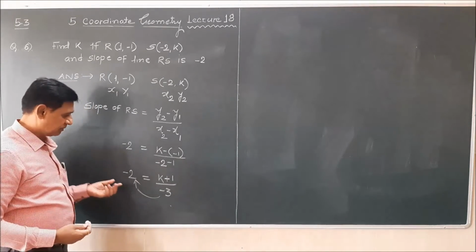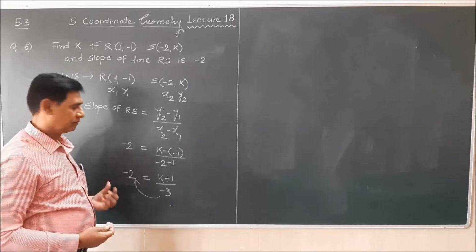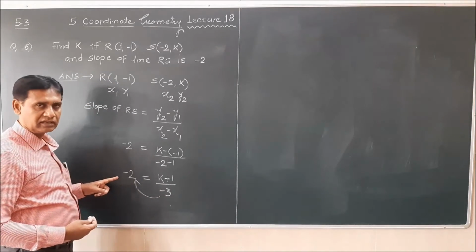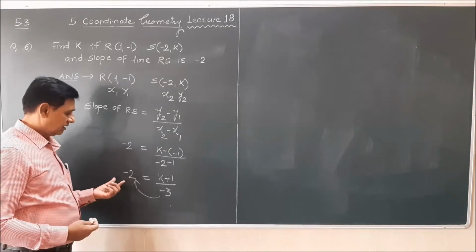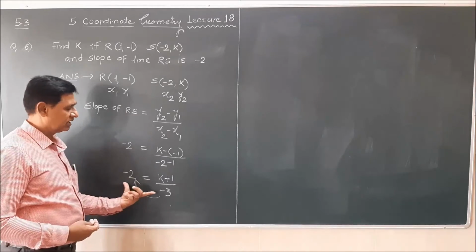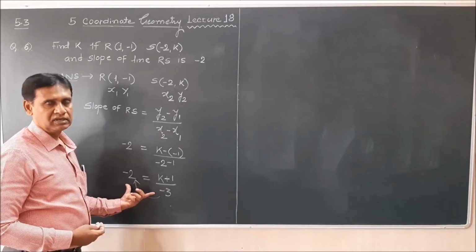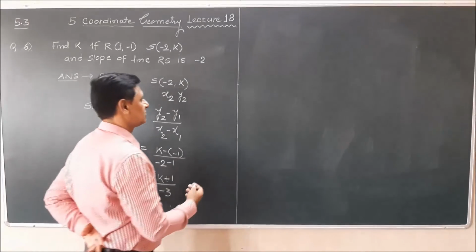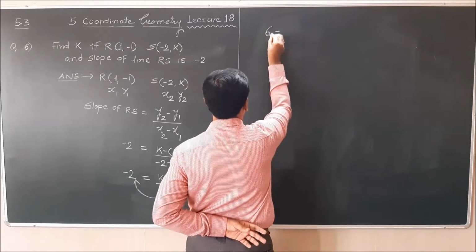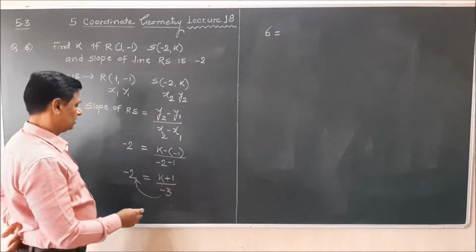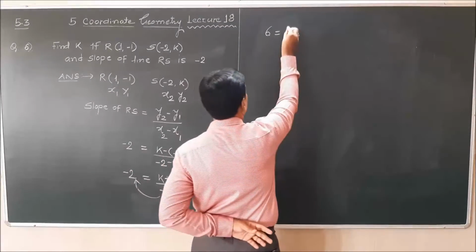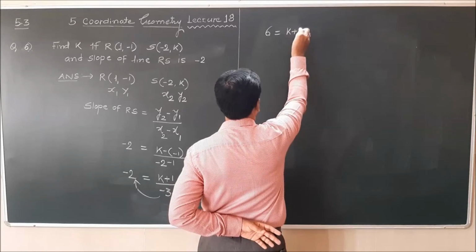Now if I transfer minus 3 to the left hand side, minus 3 will multiply with minus 2 and we'll get minus into minus as plus. So straight away now I'm going to write 6 is equal to K plus 1.